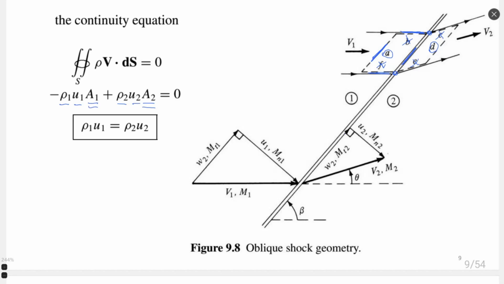Simplifying this equation, we receive the equation of mass conservation in the case of an oblique shock wave in such a simple form that is absolutely the same as we had for the normal shockwave model. So the product of density 1 and velocity 1 is equal to the product of density 2 and velocity 2, which means the mass flow that enters and exits is the same.